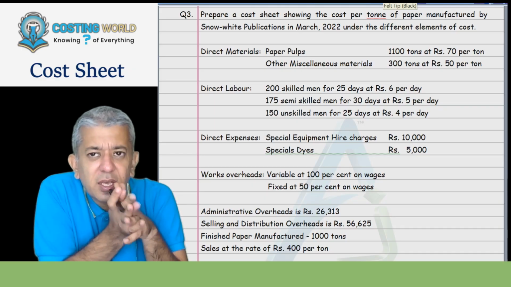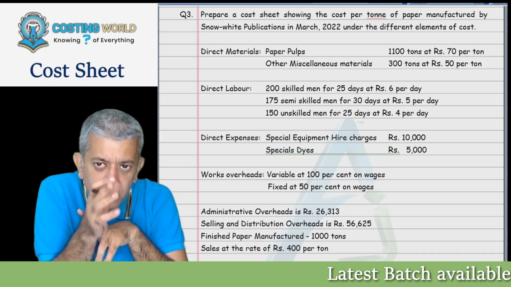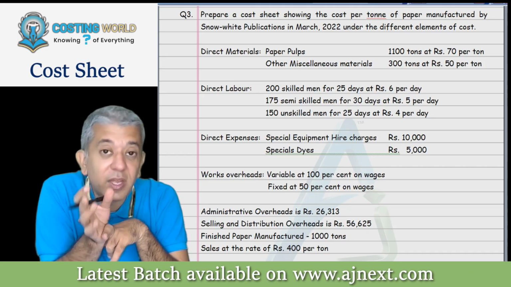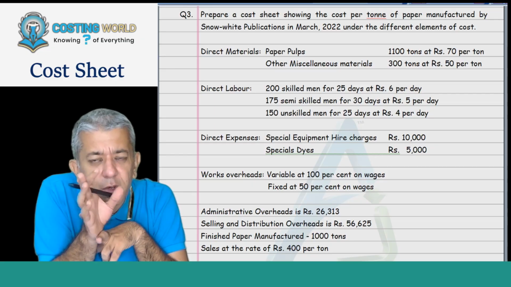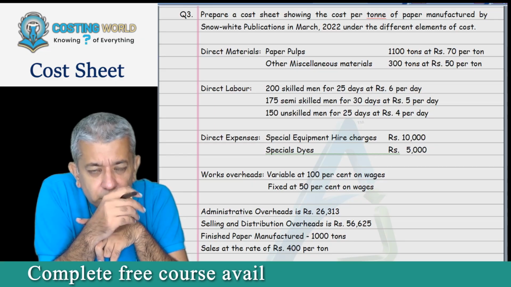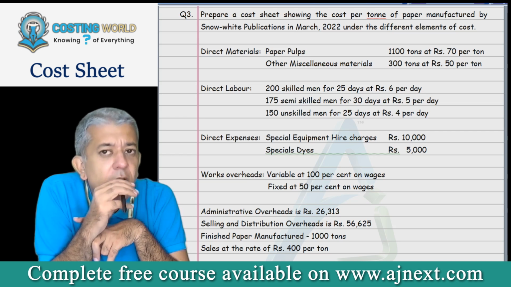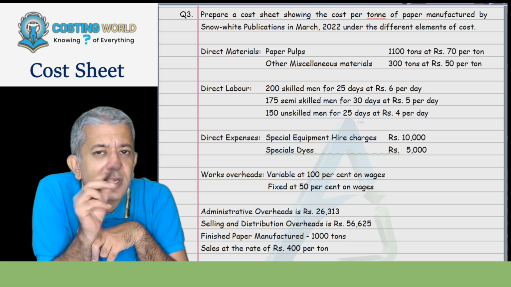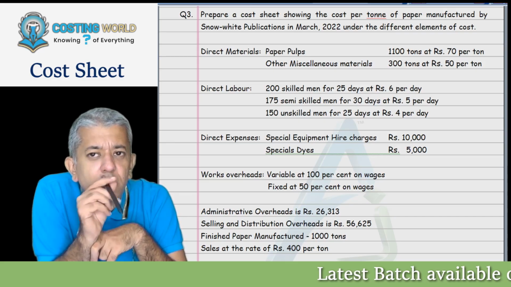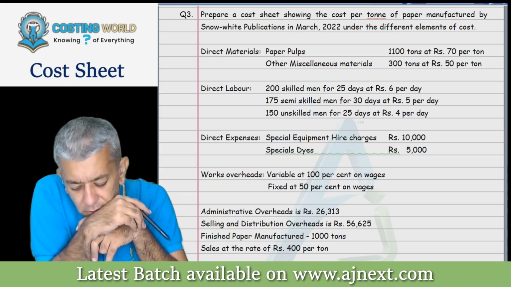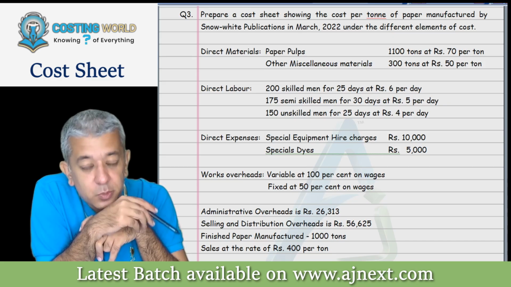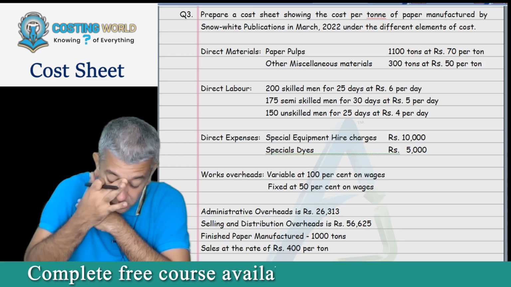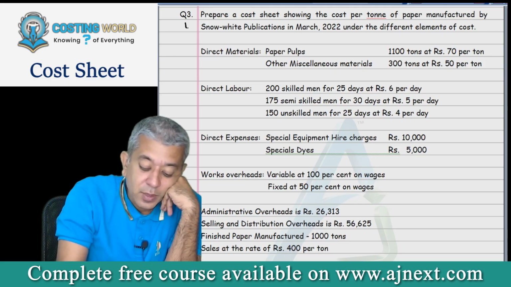If there are no finished goods stocks, quantity produced will be equal to quantity sold, no? That means whatever you have produced is sold, no? Yes, sir. Okay. So that thing we'll try to see in this particular question. If something more can come, we'll see whenever we are reading the question. Okay, so let's do it.